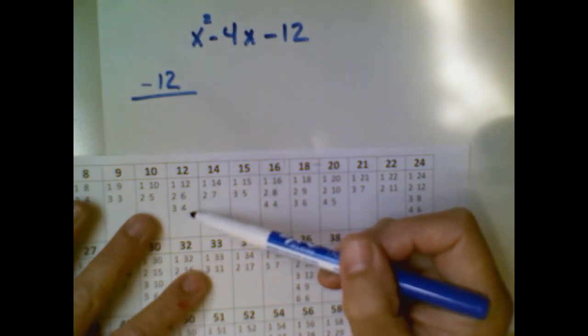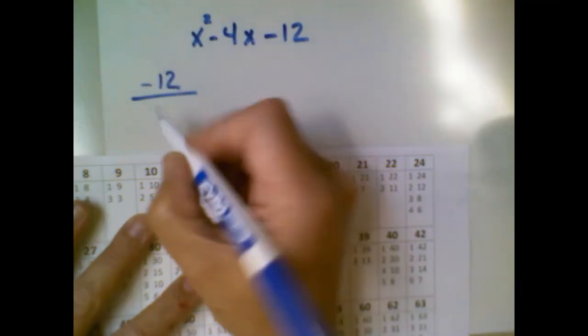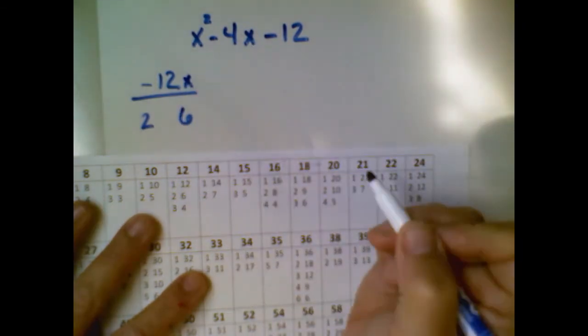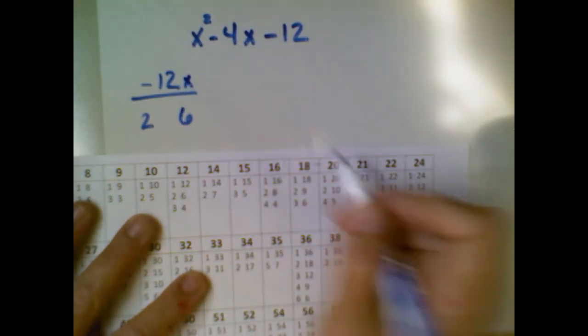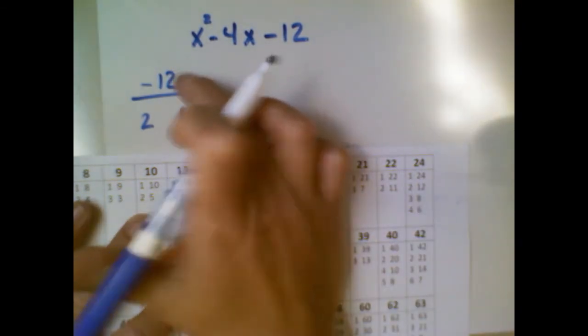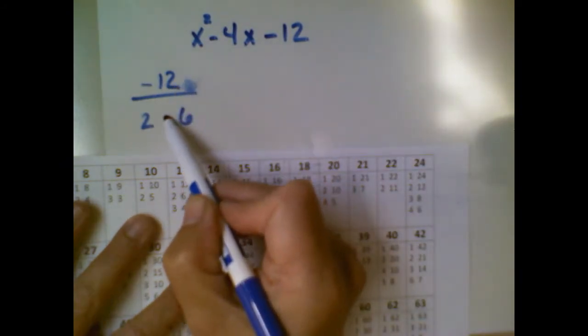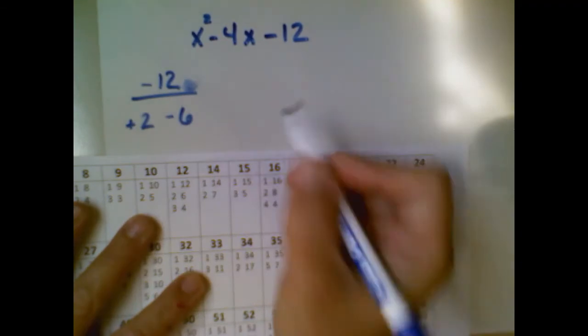And then we have 3 and 4. Most of them will see that it's 2 and 6, and that the 6 has to be negative and the 2 has to be positive.